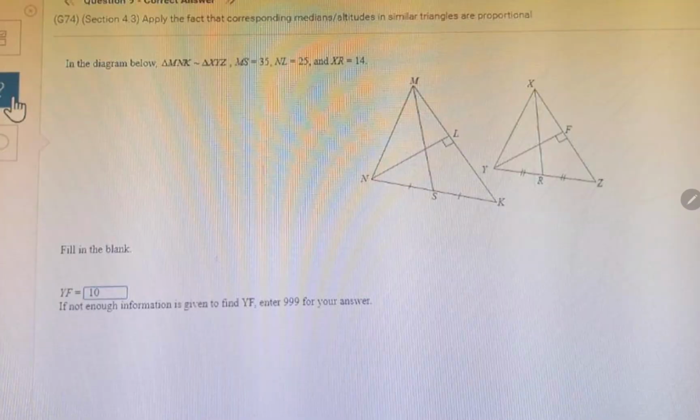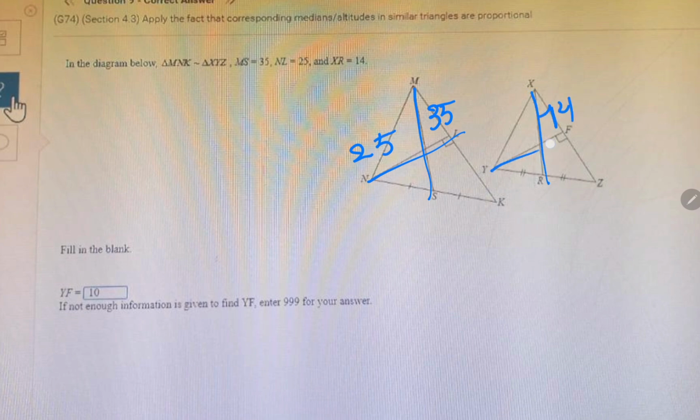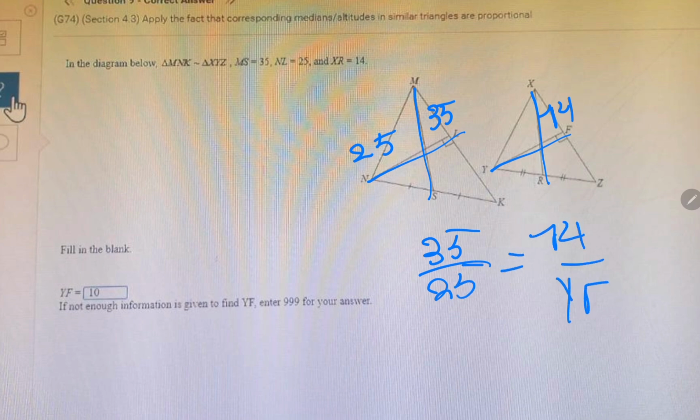In the diagram below, M and K, okay, we have MS is 35 and L is 25, XR is 14 and they need us to find YF. So since M and K is similar to XYZ, we do 35 over 25 is equal to 14 over YF.